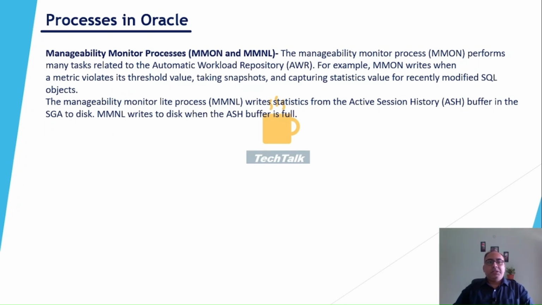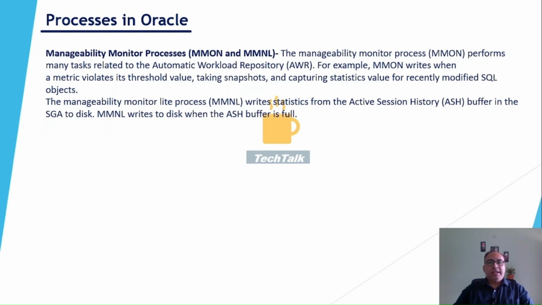Now we have the manageability monitor light process. This process writes statistics from the active session history buffer in the SGA to disk, when the active session history buffer is full. Now, what is active session history?